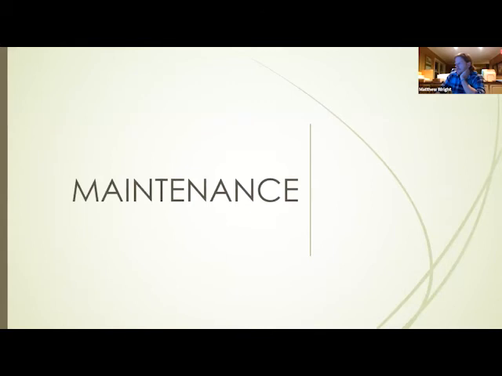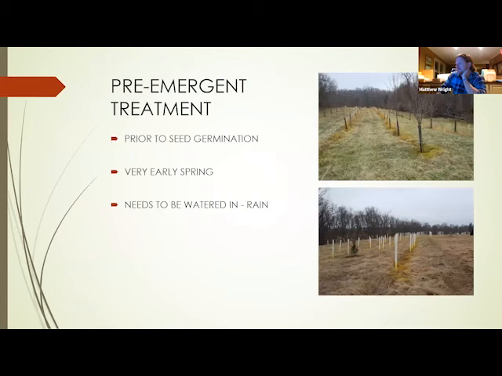All right, so now we'll go into some maintenance. We've got 22 minutes, so I'll go a little faster here so we can finish up in time. Pre-emergent treatment is an option. This is a herbicide spray that you put down prior to seed germination.